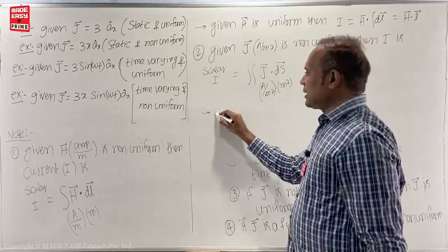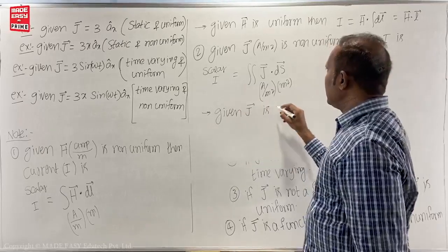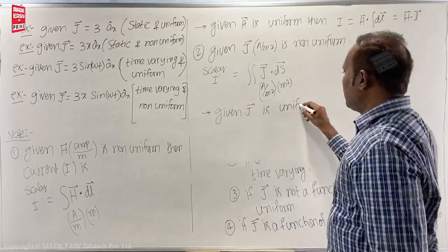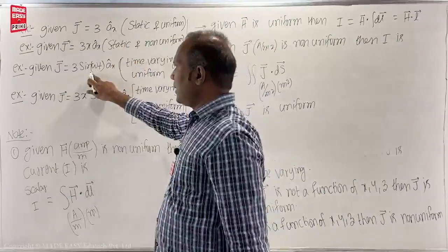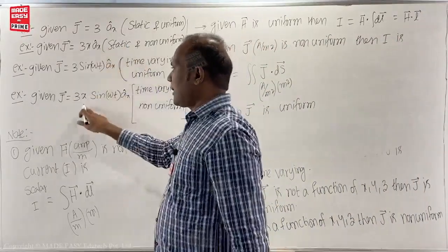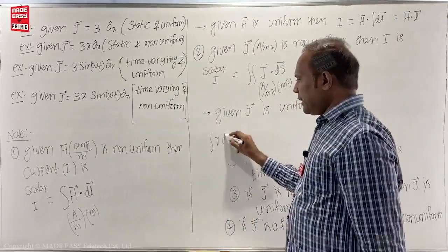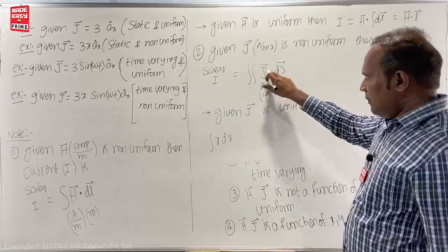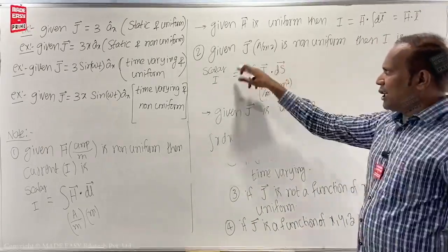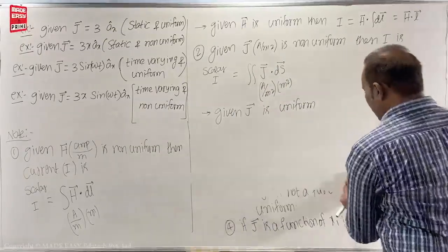Now in this once again, given J bar is uniform. Uniform means like this, maybe like this or maybe like this. Non-uniform means a distance parameter is there. So if a distance parameter is there, for example, integral x dx, this x you can't get outside. If J bar has x, y, z, you can't get that outside. You have to do the integration.